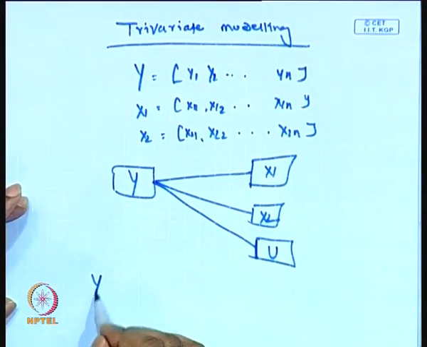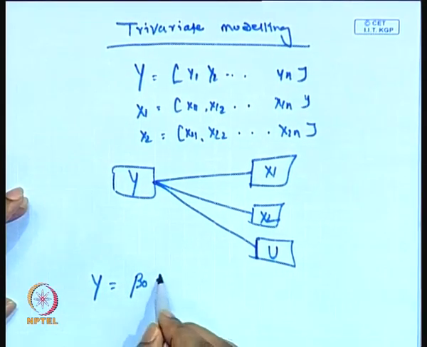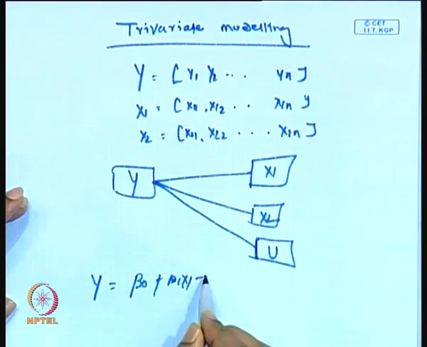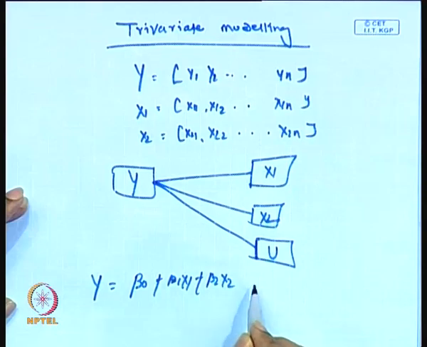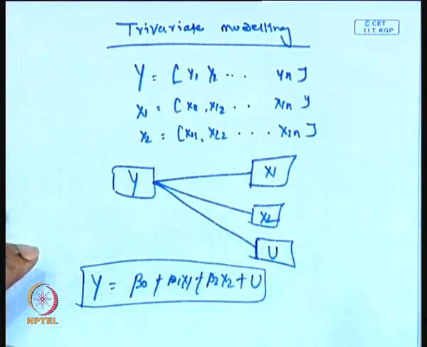So briefly, if we put it in a mathematical form, then the econometric model is all about like this: y equal to beta 0 plus beta 1 x1 plus beta 2 x2 plus u, the error term. So this is how the econometric model is all about.